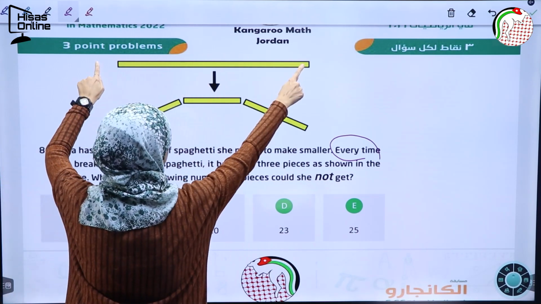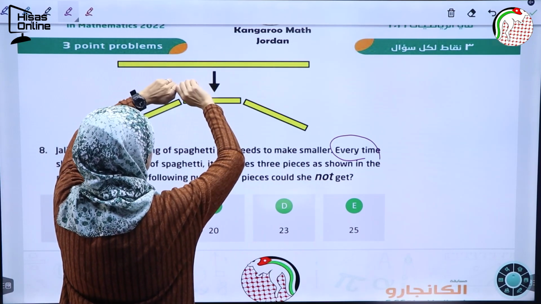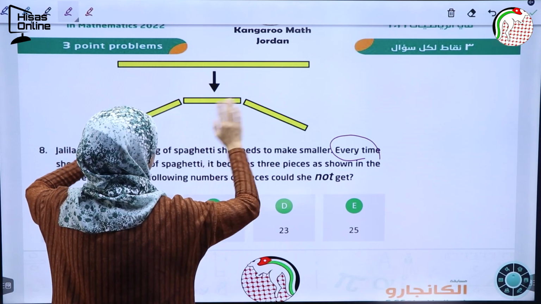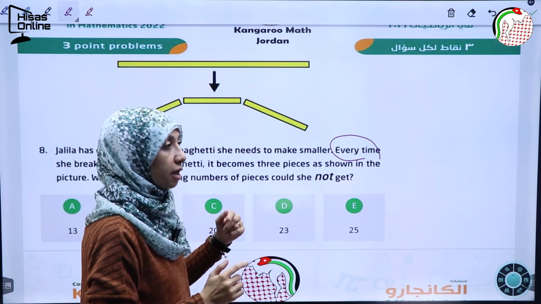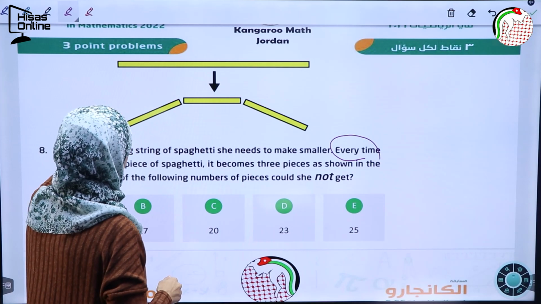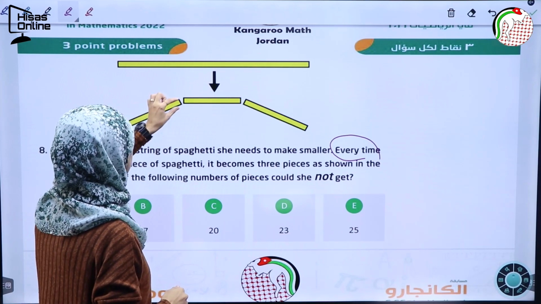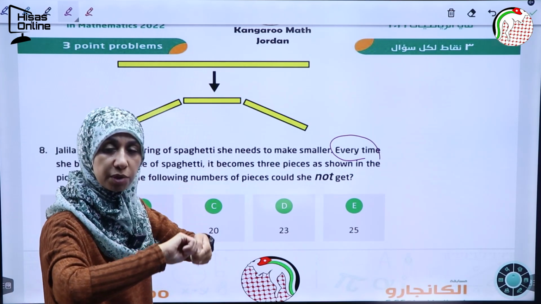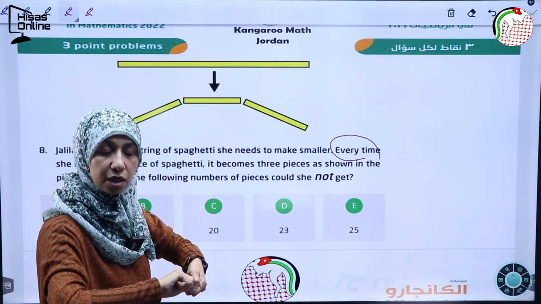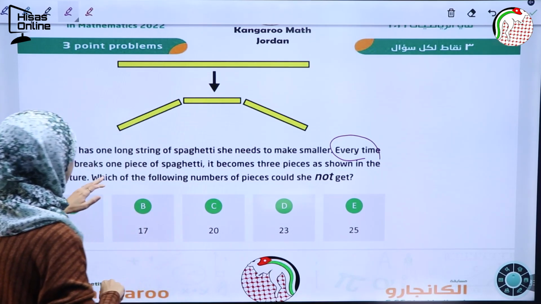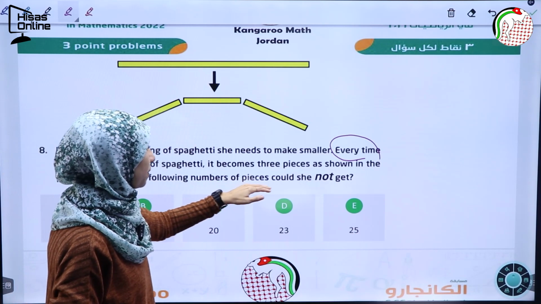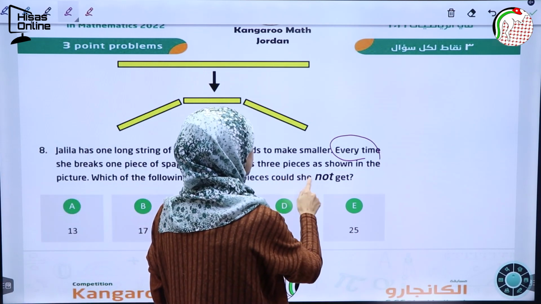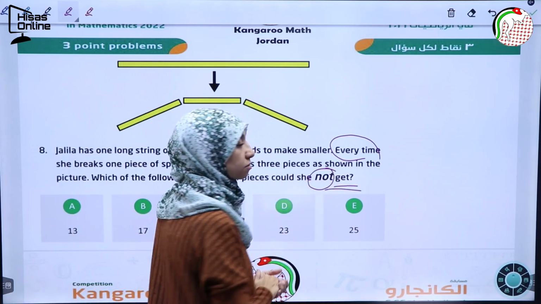So this long one, she tried to cut into pieces, and it turned into 3 pieces. That means every time she wants to cut a piece again, it will be divided into 3 pieces, and so forth. Now, which of the following numbers of pieces could she not get?